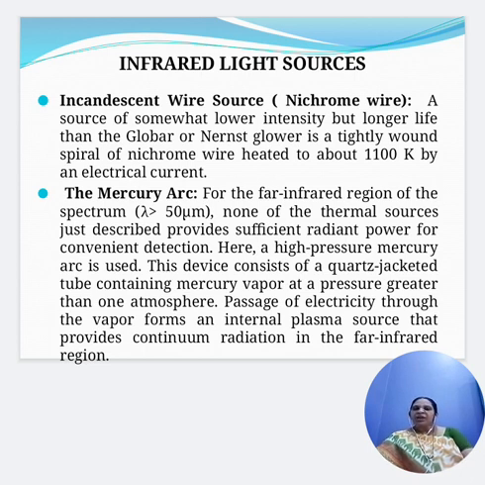Hence, a high pressure mercury arc is used. This device consists of a quartz jacketed tube containing mercury vapor at a pressure greater than 1 atmosphere. Passage of electricity through the vapor forms an internal plasma source that provides continuum radiation in the far infrared region.